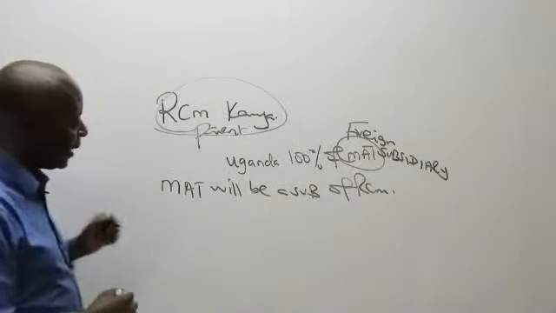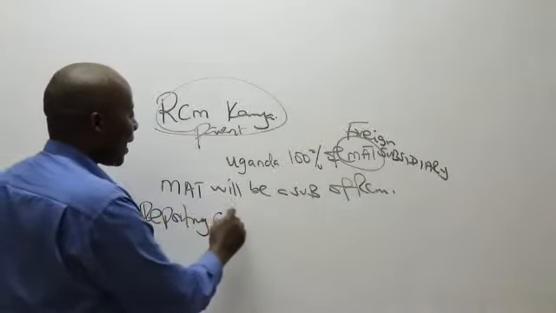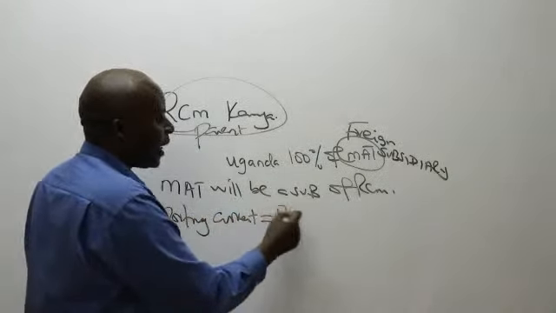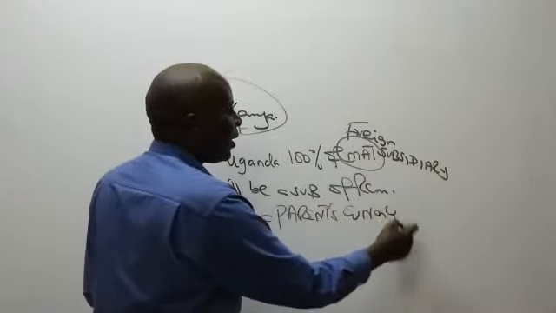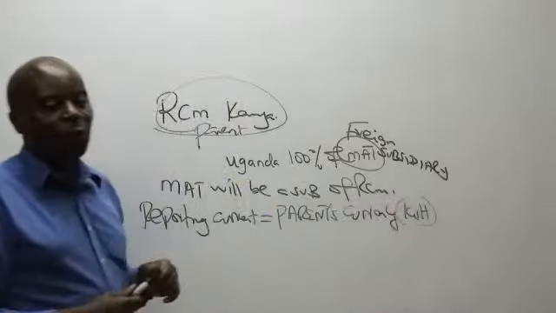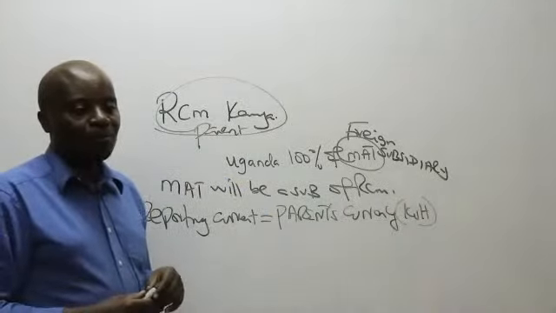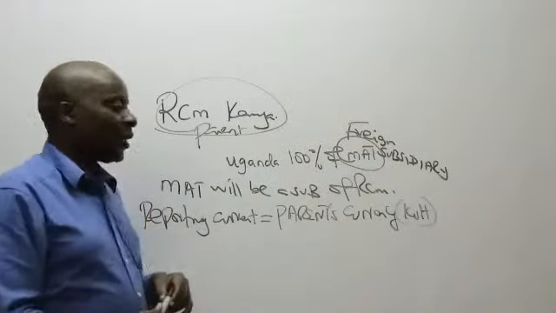The reporting currency. The reporting currency is the same as what here? The parent's currency, which in this particular case will be the Kenya shillings. The Kenya shilling will be the reporting currency, the parent's currency.